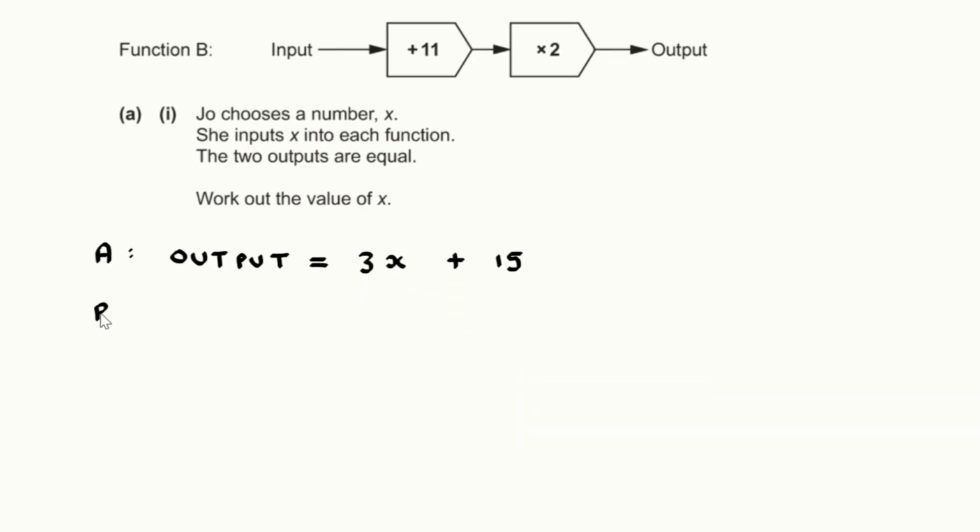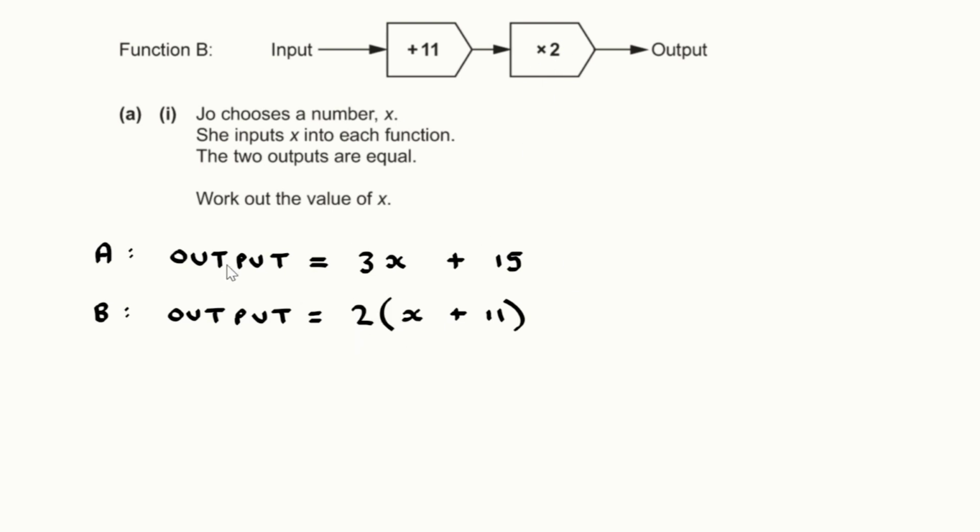If I take a look at my function B, my output, I take my input, I add 11 to it, and this is then multiplied by 2. And the reason it's multiplied by 2 is because I multiply it by 2 here.